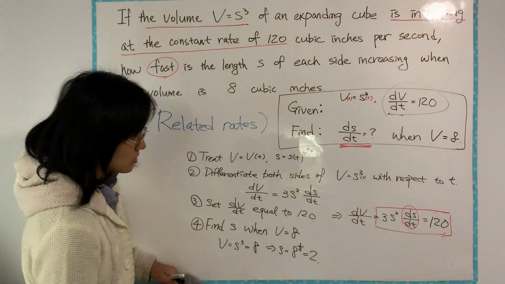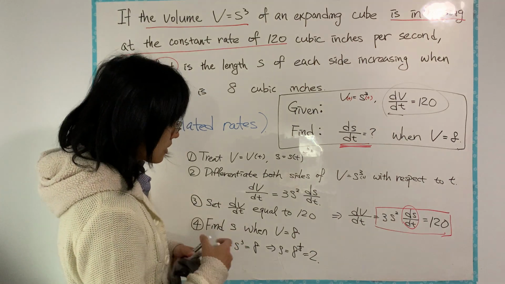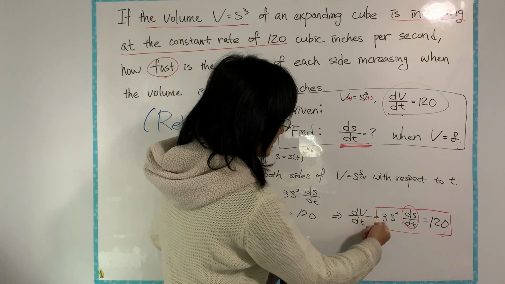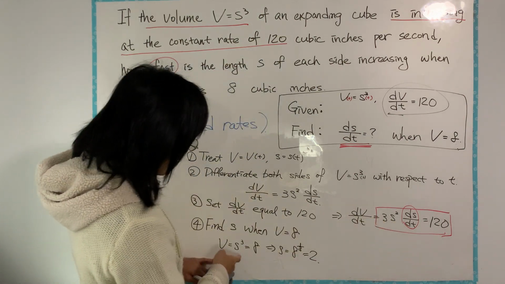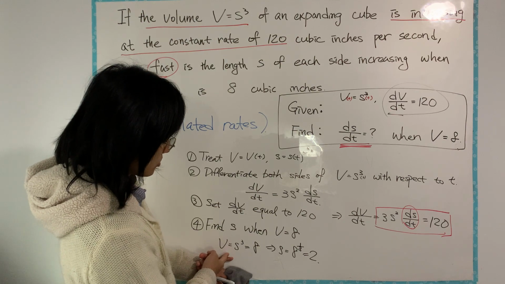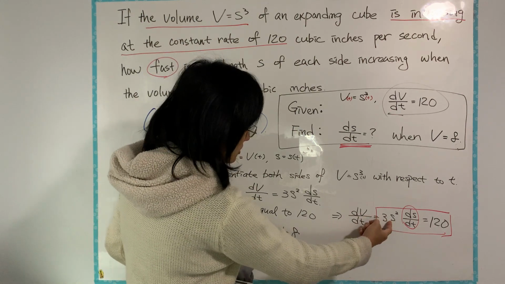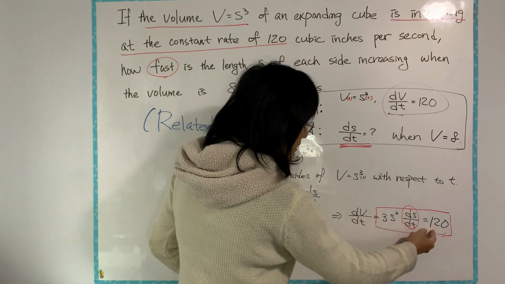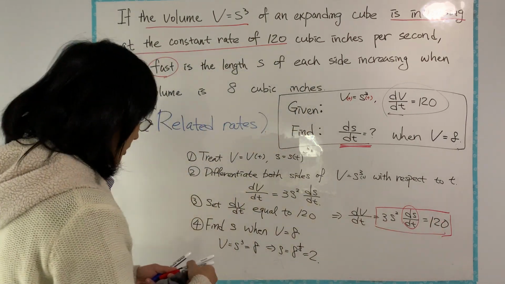Now if we go back to this formula, 3 is a fixed number. At the moment when the volume is equal to 8, S equals 2, and dS/dt is what we're looking for, and this equals 120.